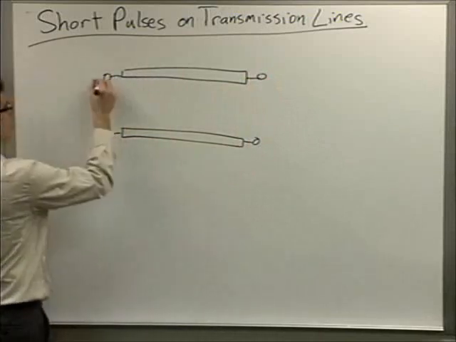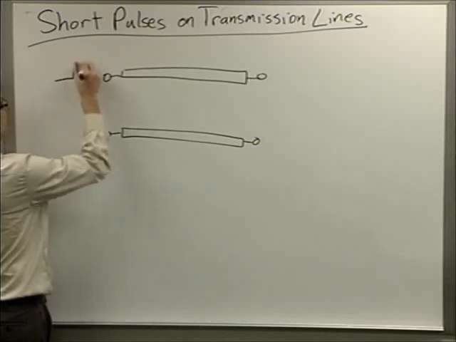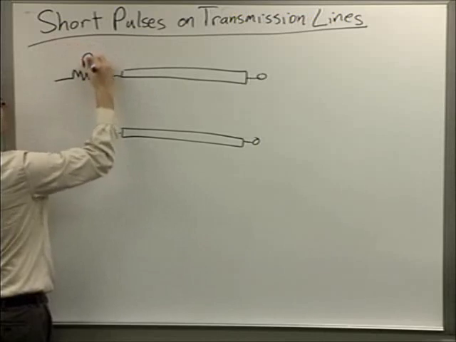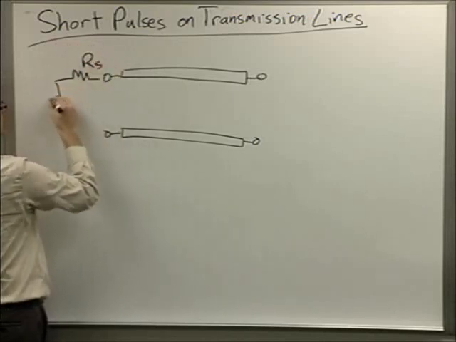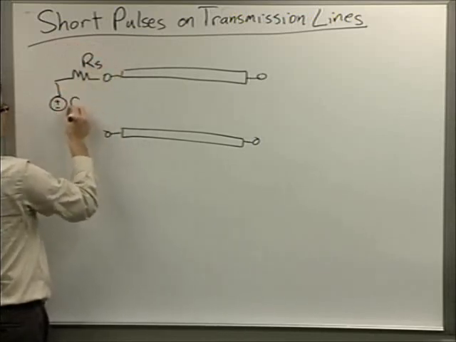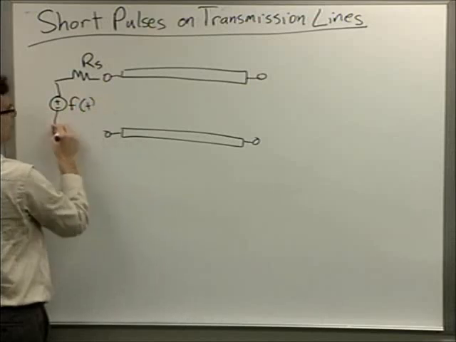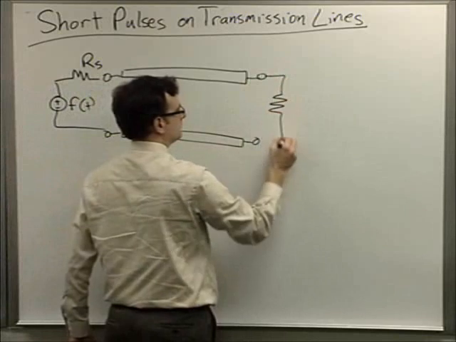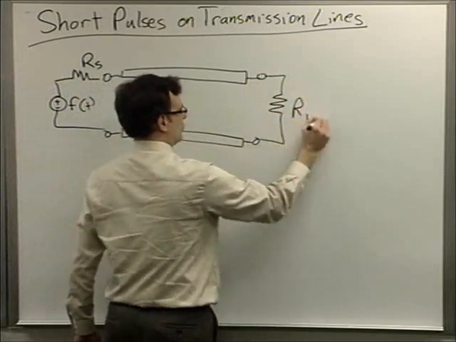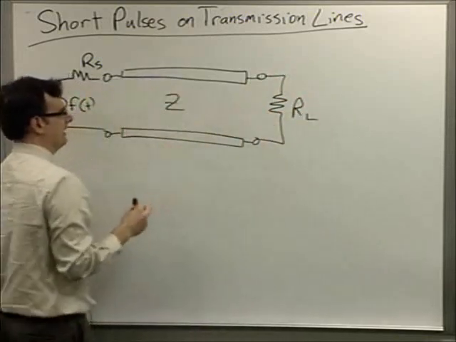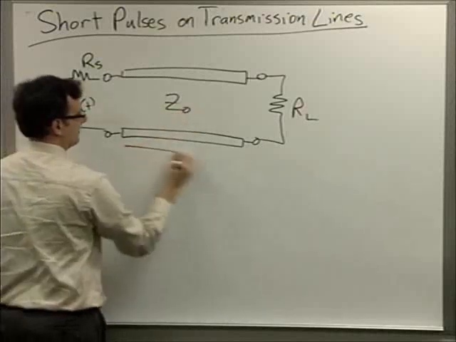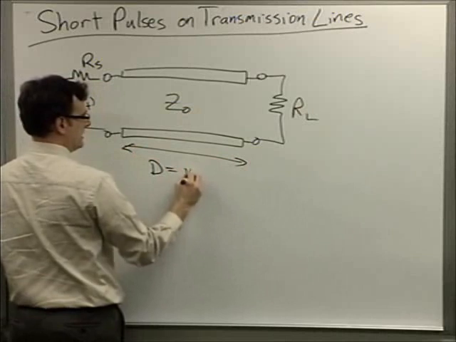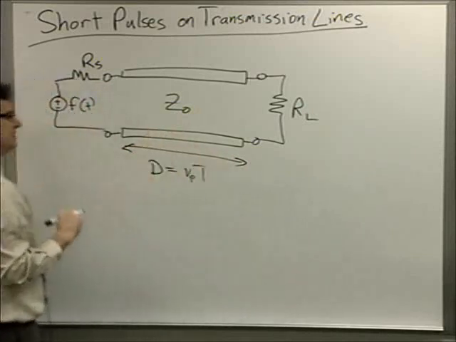So for example, if I've got my R sub s source, and I've got some sort of function of time that we put into here. Here I've got a load resistance and an intrinsic impedance Z0. A distance which is related to the velocity of propagation times the transit time.